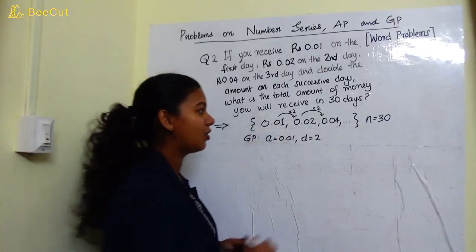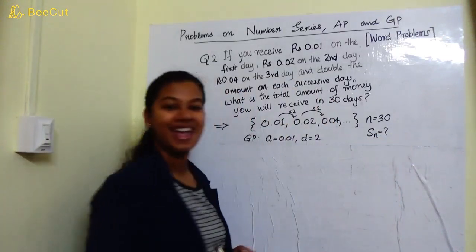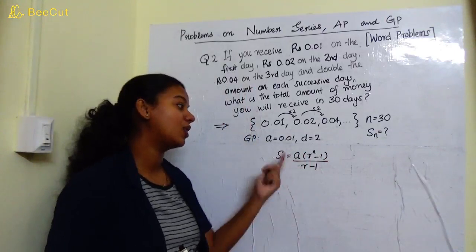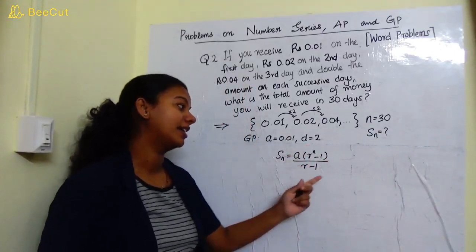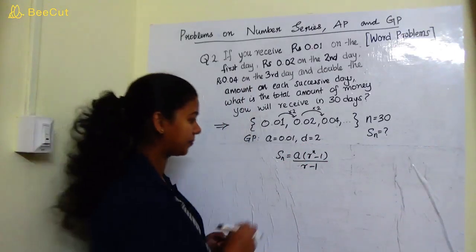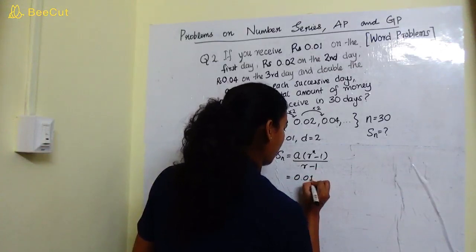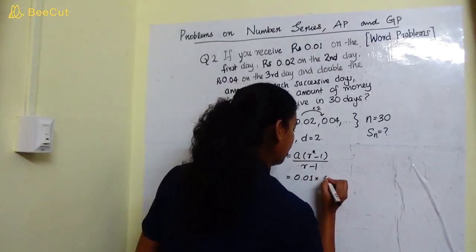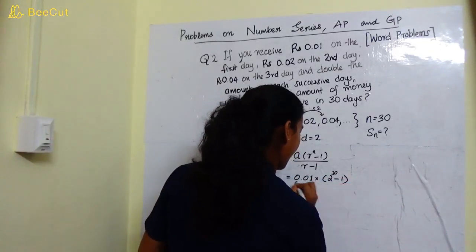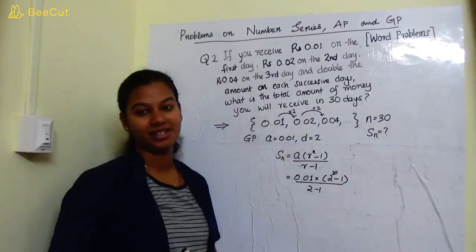So we have to find Sn. Okay. So the formula for Sn is A into r raised to n minus 1 divided by r minus 1. So let's substitute the values. 0.01 into 2 raised to 30 minus 1 divided by 2 minus 1.